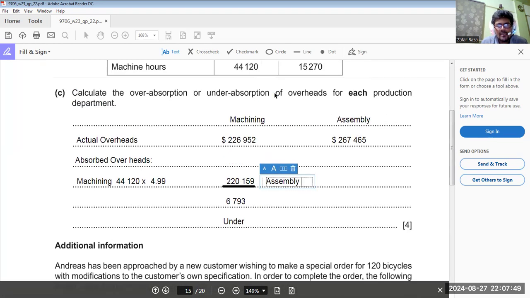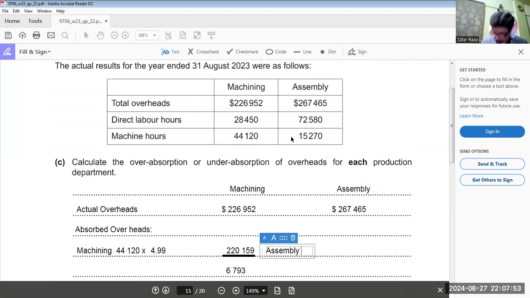The actual labor hours are 72,580. Actual overhead is $267,465.